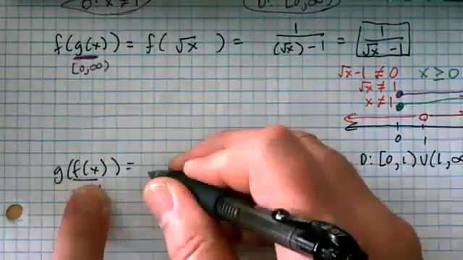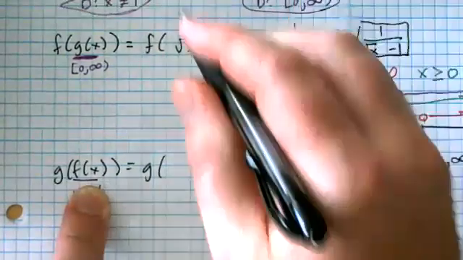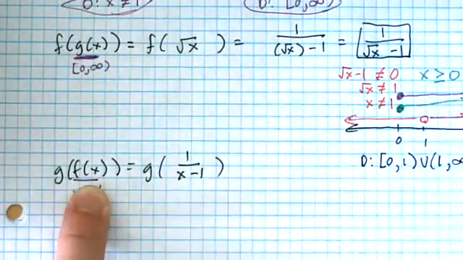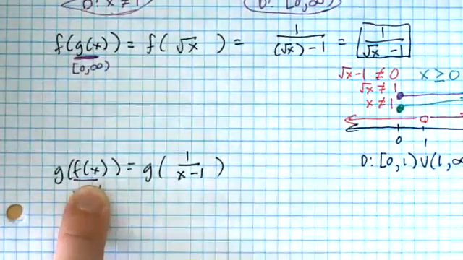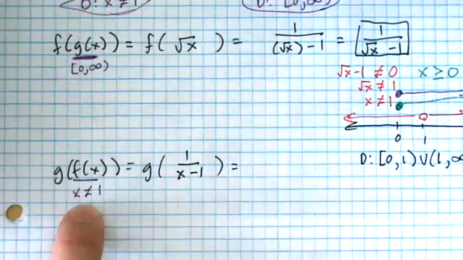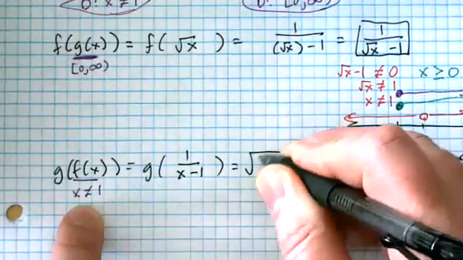So let's do some substitution. We'll keep g and replace f of x. f of x from the original problem was 1 over x minus 1. That's pretty messy. And then we will do our g function on 1 over x minus 1. Our g function is the square root of x.